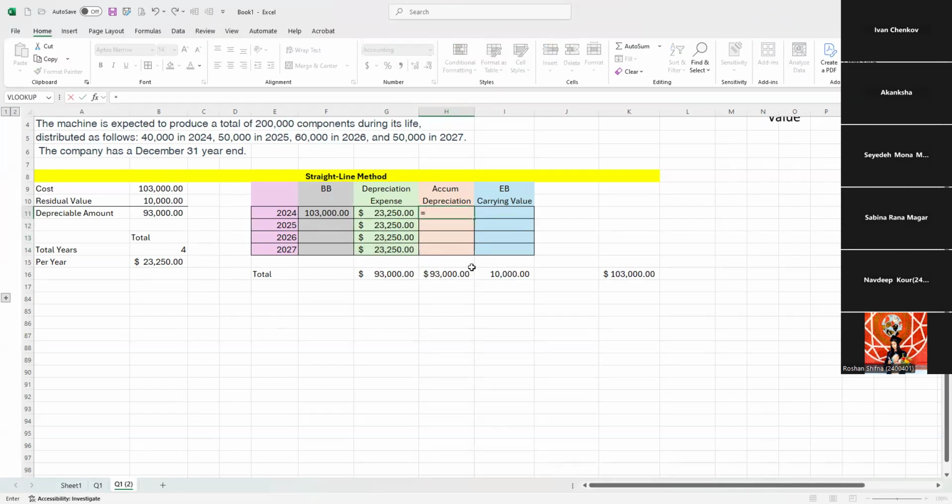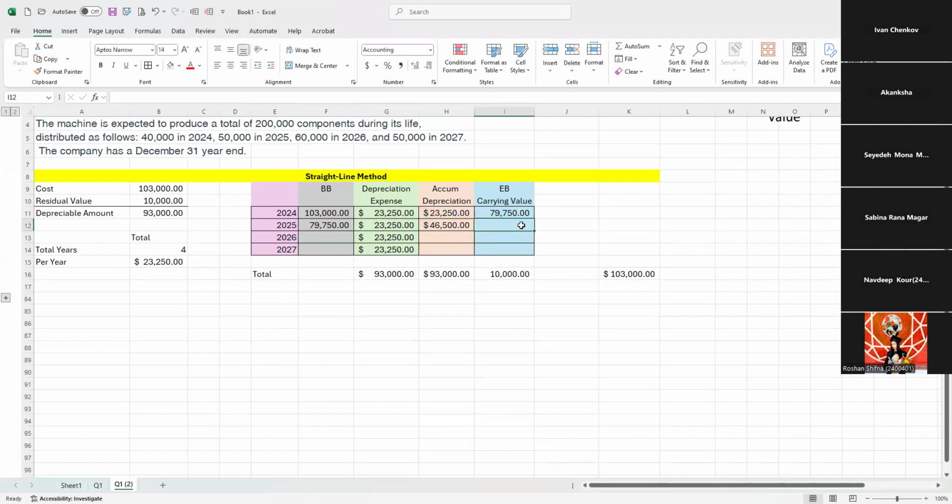Accumulated depreciation, first year, will be the same. Carrying amount will be the beginning balance minus depreciation expense. Next year, the beginning balance is the ending balance. Depreciation, we already have it. Accumulated depreciation should be equal to first year plus second year.